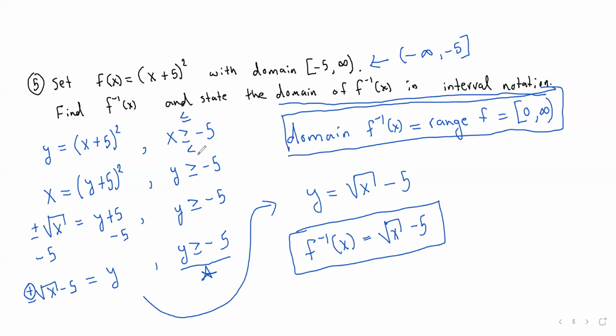So we'd have to have a less than or equal to here, here, and here. And if we took the positive option, then we would not satisfy y less than or equal to -5. Instead, we would have had to take the minus option. So for these kinds of problems, it's very important to keep track of the domain and remember that you have two options for the square root, plus or minus.